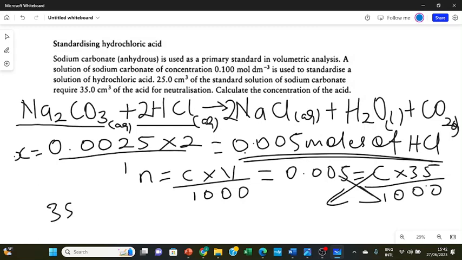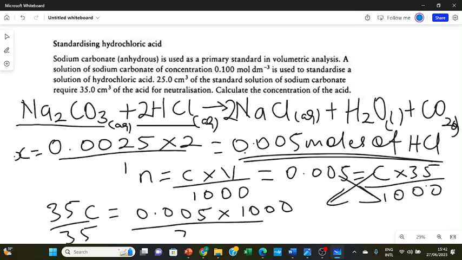So 35C is equal to 0.005 times 1000. So C, divide both sides by 35. Divide both sides by what? 35. Cancel out.